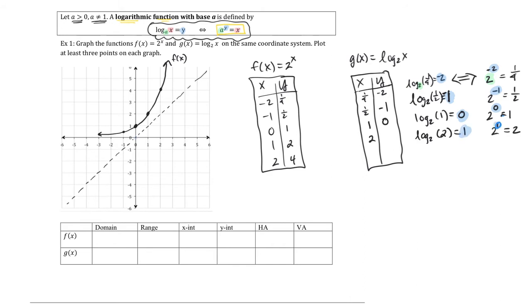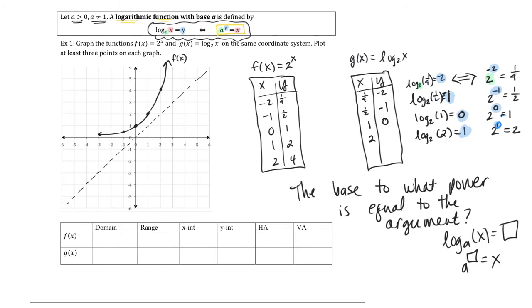We're always thinking, the base to what power is equal to the argument?